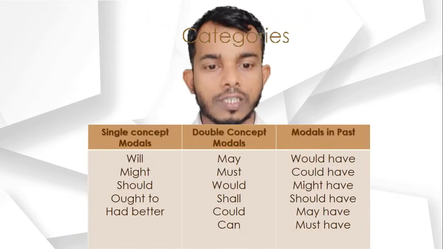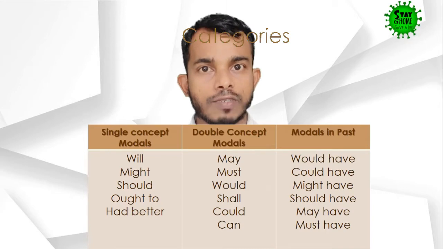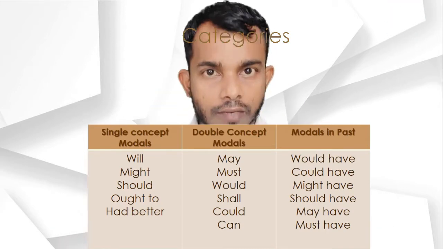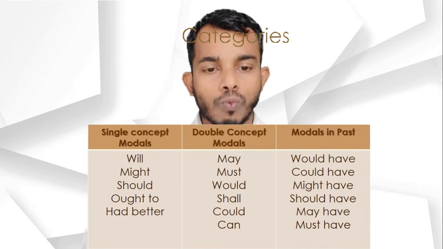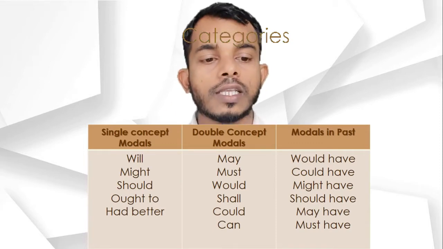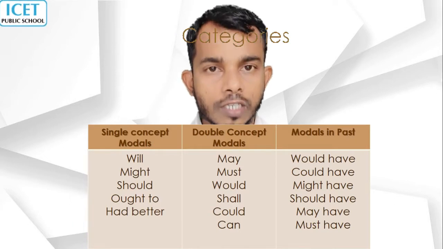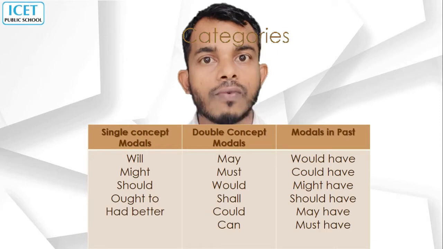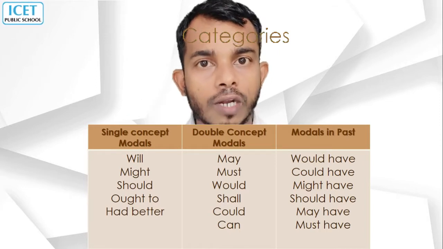Then we discussed this list. Single concept modals are will, might, should, ought to, had better. These are the modals having only one meaning. The double concept means double meaning: may, must, would, shall. It means that when you are using may, it has more than one meaning.